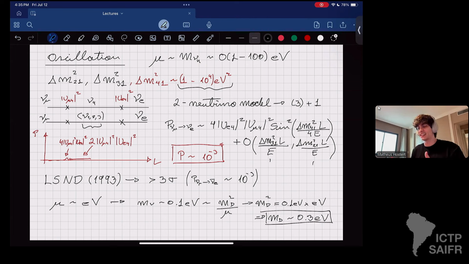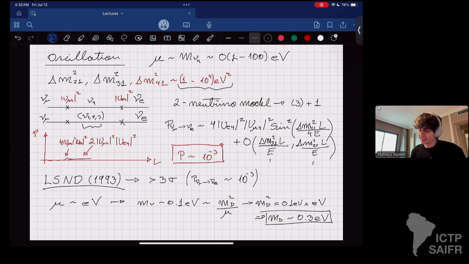But if this hint of a new neutrino state by the LSND experiment back in the day was correct, then you would be very underwhelmed, because the amount of seesawing that is happening is very minimal. So the Dirac mass is basically of the same order as the physical light neutrino masses. So this is not really doing you any favors.